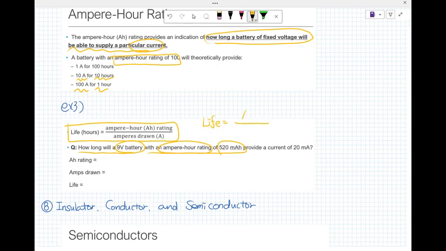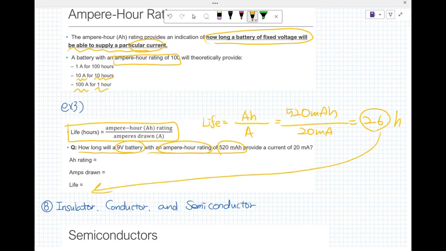We're looking for ampere-hour rating divided by the ampere. So 520 mAh divided by 20 milliamps. That was 26 hours. So that was the answer.